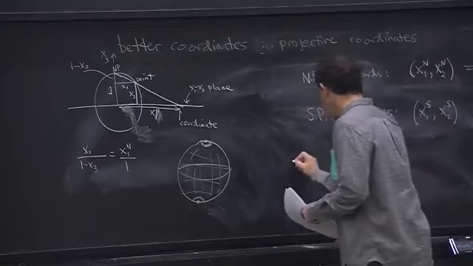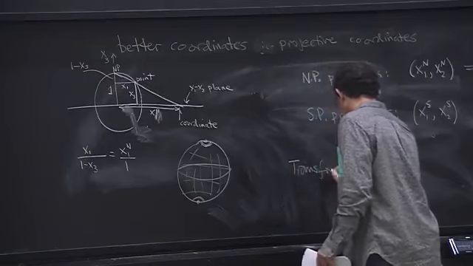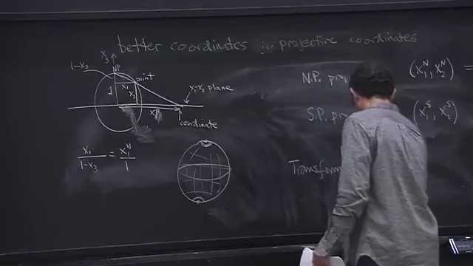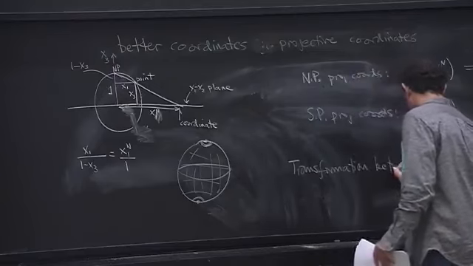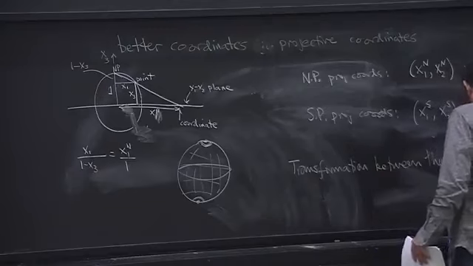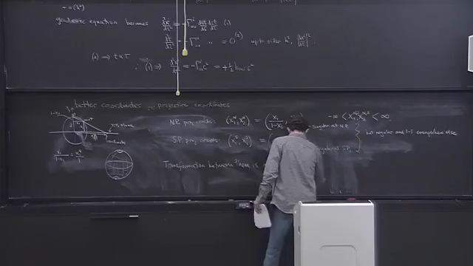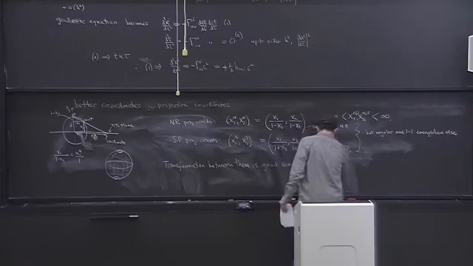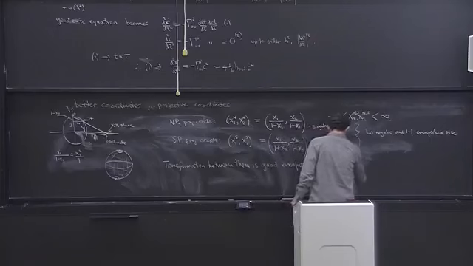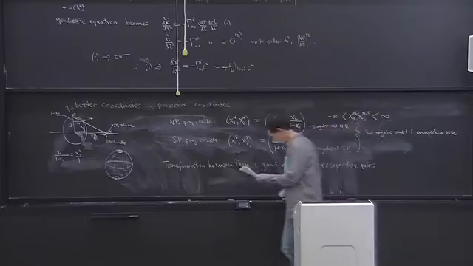And we can even work out the transformation between them. It is good everywhere except the poles, where one or other of them breaks down.